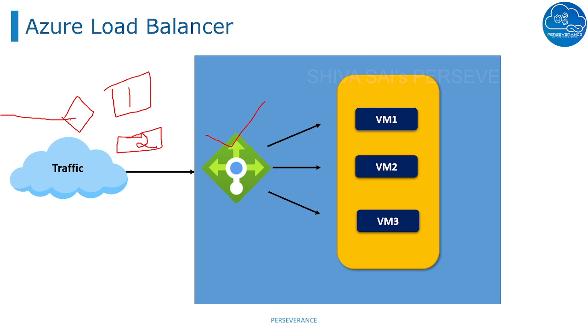If the connection goes to the app on VM1, it will showcase something like app1, and if it goes to the app on VM2, it showcases something like app2.